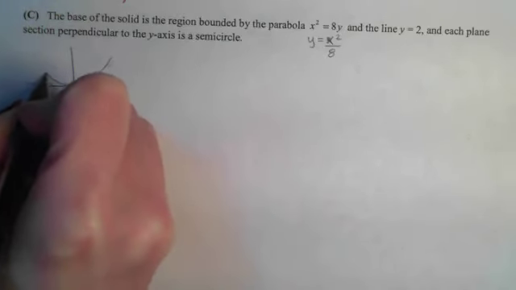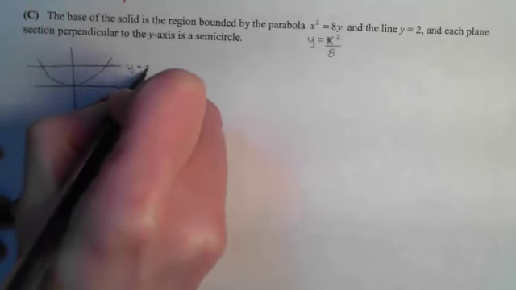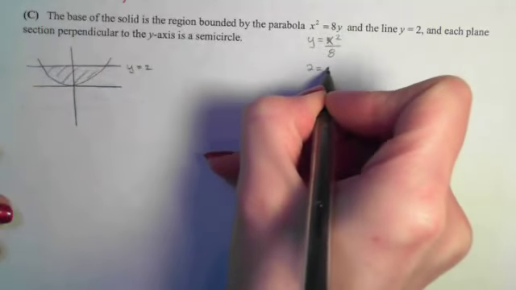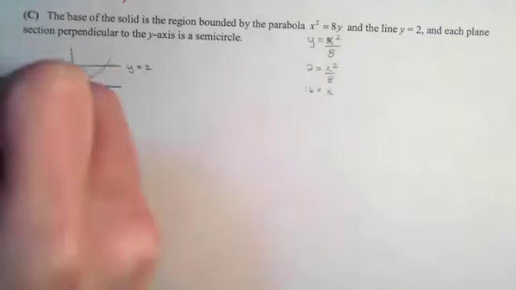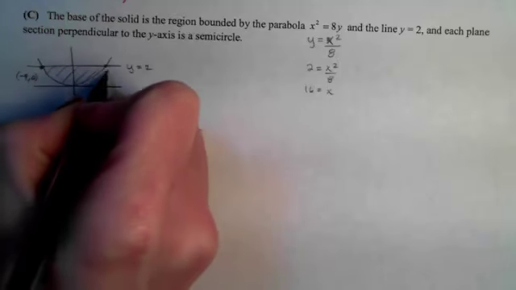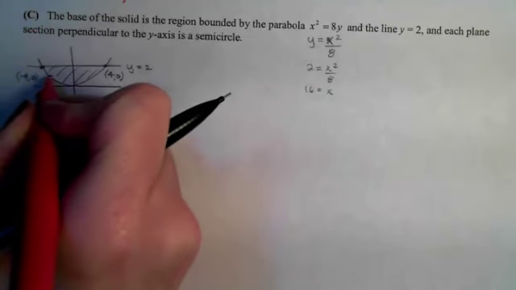We got this fat parabola and a horizontal line y equals 2. So when is this going to equal 2? That's when x is plus or minus 4. And we're supposed to cut perpendicular to the y-axis.